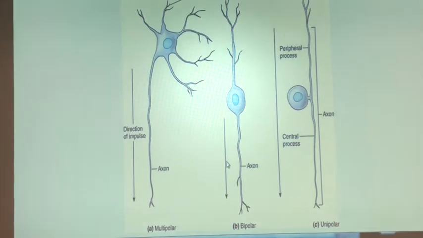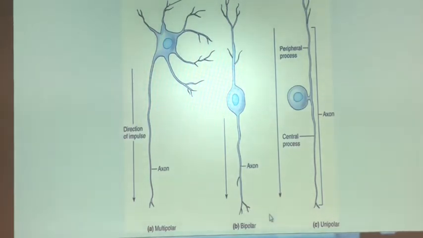Let's look here. This is a bipolar neuron. So notice two poles, so to speak, here and here. Here's the dendrite. The action potential is moving in this direction. We're going to process this action potential and then send off a response down the axon here.